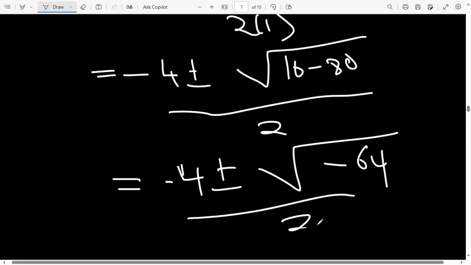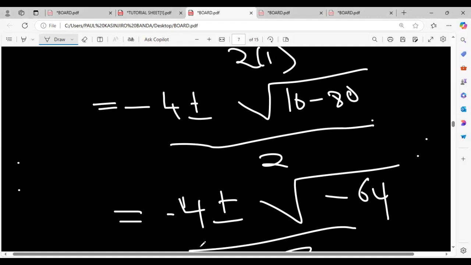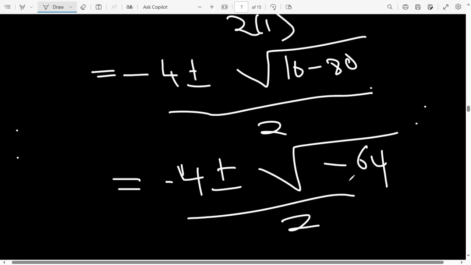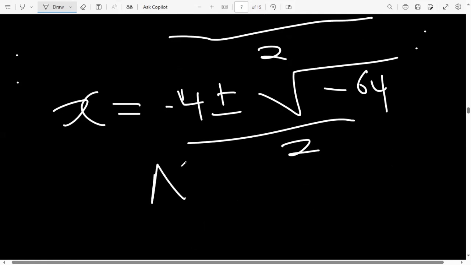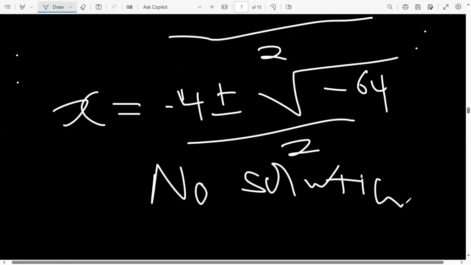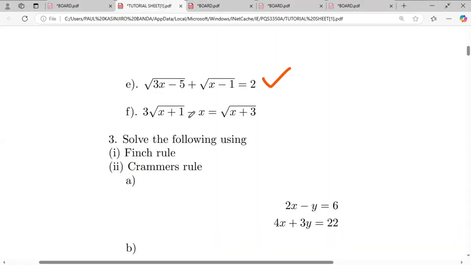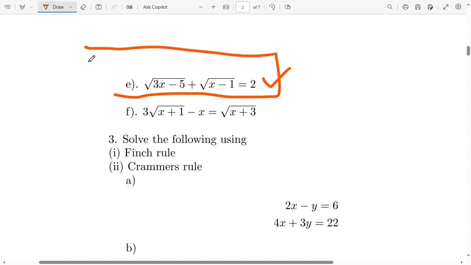And we see that minus 64 does not have a real root. We found the discriminant here to be negative. So it means this equation has no solution. That's the final answer there on this E here. This equation does not have a solution.